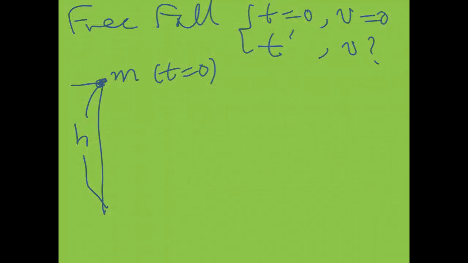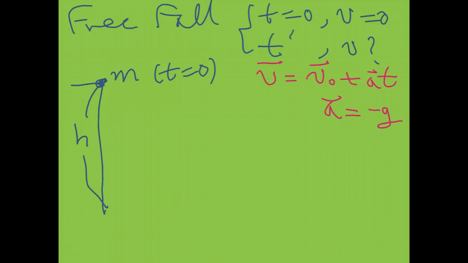So we have v equals v naught plus at. In the free fall case, a is a vector, just a bit of notation, and a is going to be minus g.